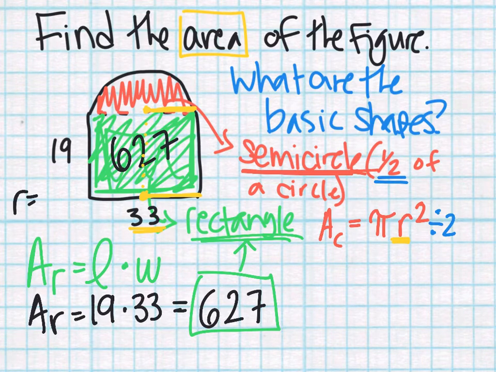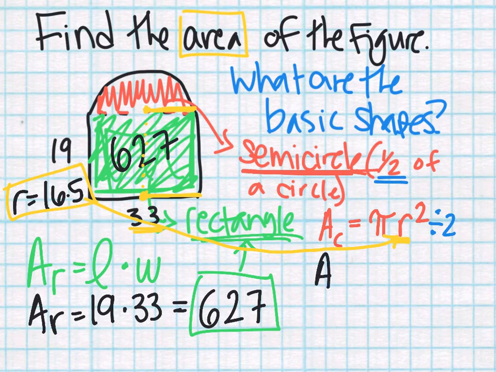If I do 33 divided by 2, I'm going to get 16.5. So I'm going to use 16.5 instead of 33 divided by 2. This is going to be my radius right here. So let's plug our numbers in and see what we get.